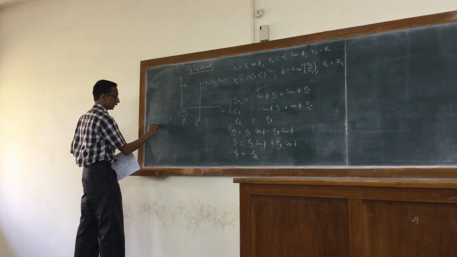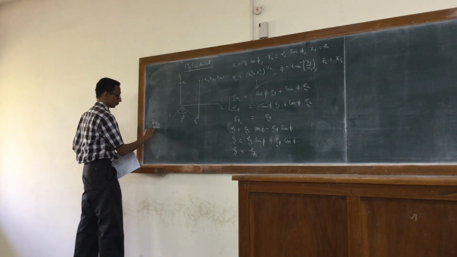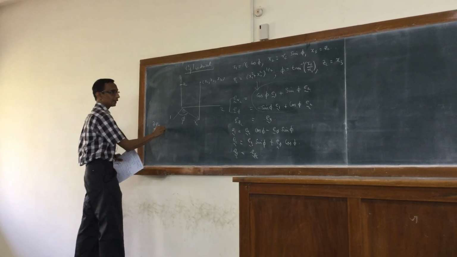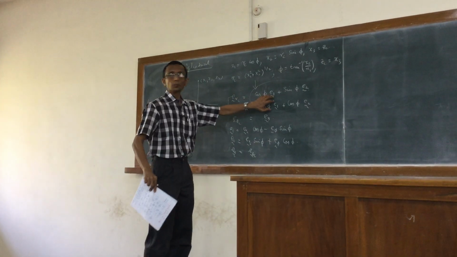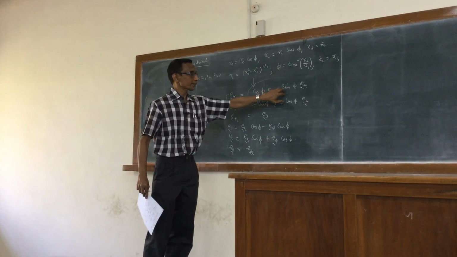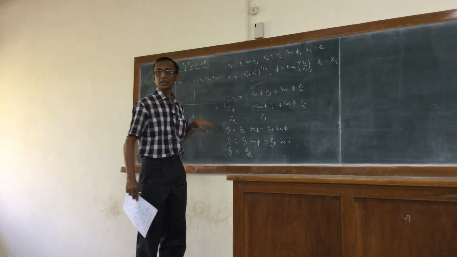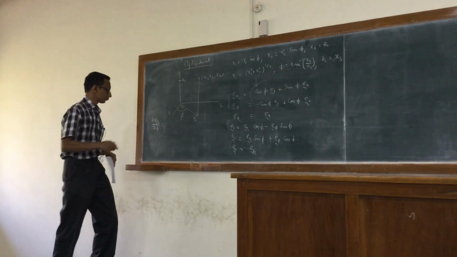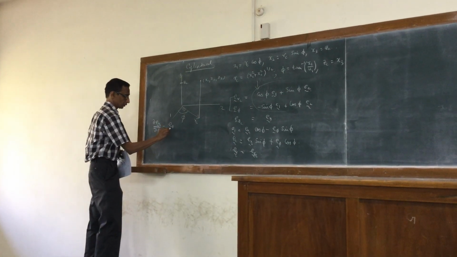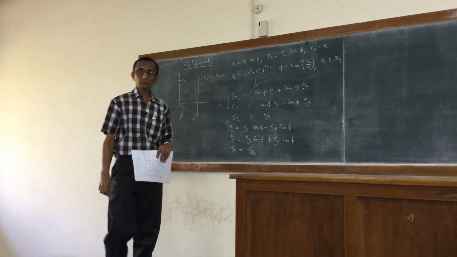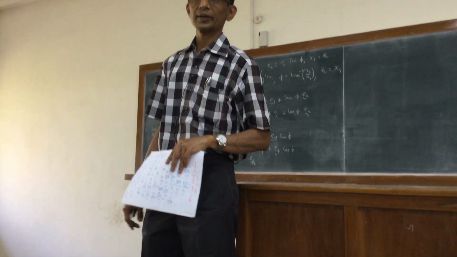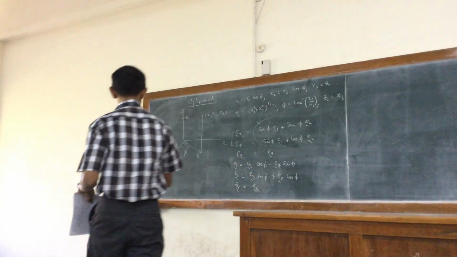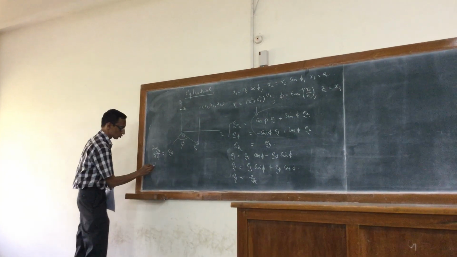So we get dE_RC by d phi is equal to minus sin phi E1 plus cos phi E2, which is nothing but E_phi. So very simply, that can be obtained. We'll see where these derivatives are useful.